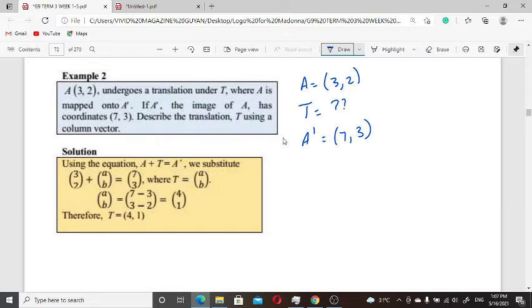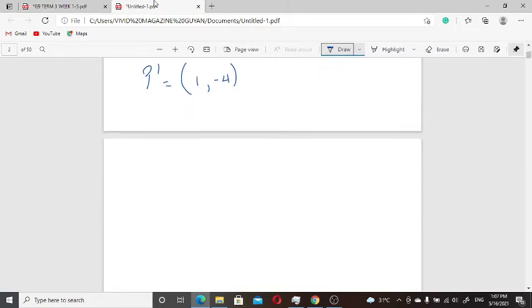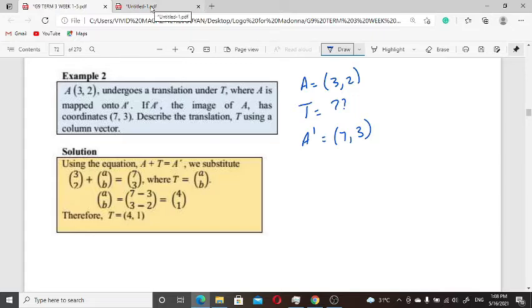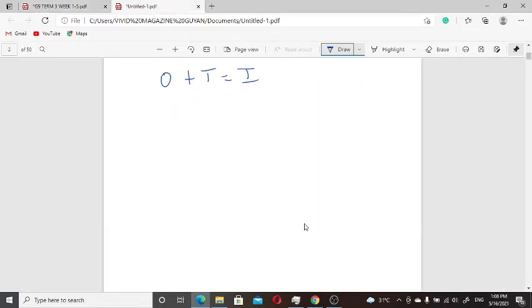You take out the information that you're actually given so you understand what you need to do next. Going by what I showed you earlier, my object plus my translation equals my image. My object is A, and I'm writing it in column vector form: 3 on top, 2 at the bottom because of the xy components, plus my translation, which I do not know, is equal to the image.